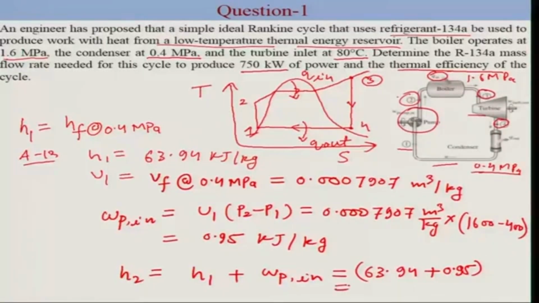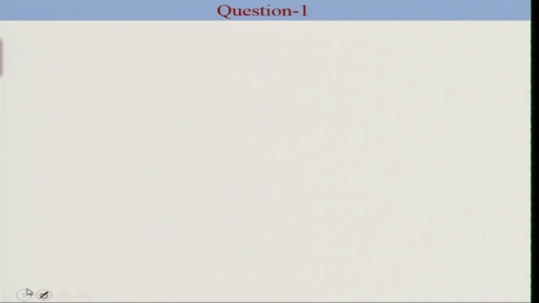So, after solving it, we get H2 equal to 64.89 kilojoule per kg. Now, it is given that boiler operates at 1.6 megapascal, that is P3 equal to 1.6 megapascal. T3, the inlet temperature is also given, which is 80 degree centigrade. And so, it is a superheated state.